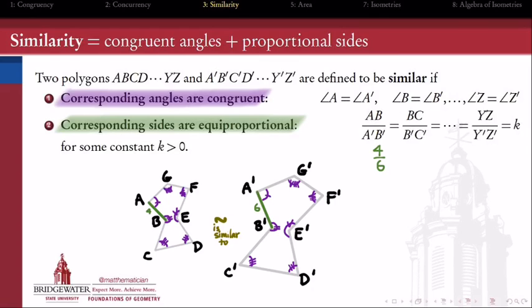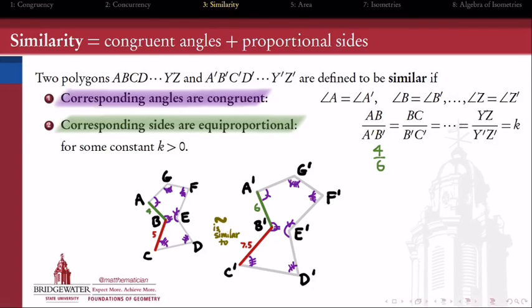What it means for corresponding sides to be equiproportional is that I should see that same 2/3 proportion for every other ratio of corresponding sides in these two figures as well. So if AB is 2/3 as long as A prime B prime, we should also, if these two polygons are to be similar, have BC be 2/3 as long as B prime C prime.